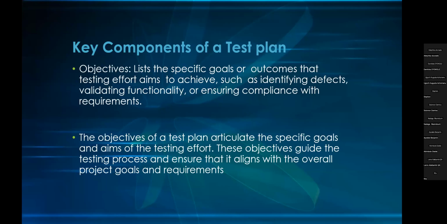I'll take it again: mitigating risk, ensuring reliability, verifying compliance, validating functionality, and assessing quality, identifying and resolving defects to improve overall product quality. And you should have your defect identification. It could be more than this for your objectives, but you should have them listed. And risk mitigation, addressing potential vulnerabilities.